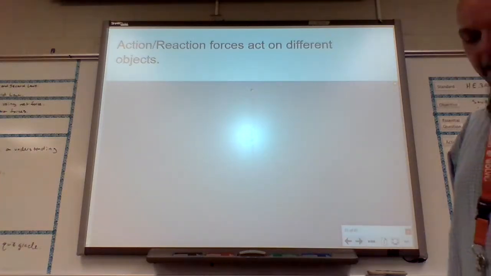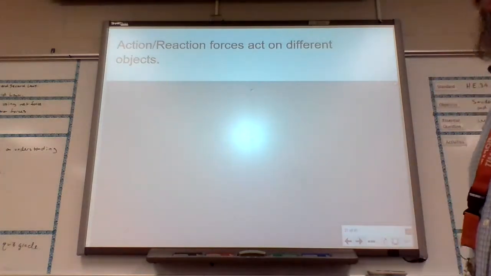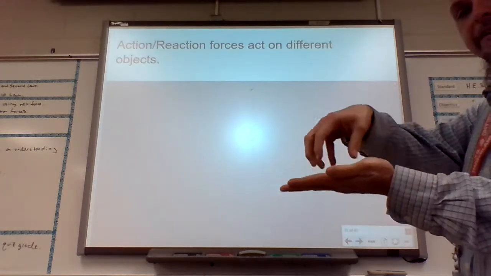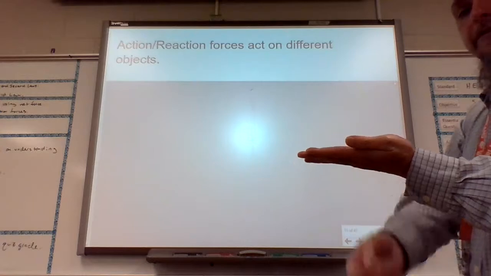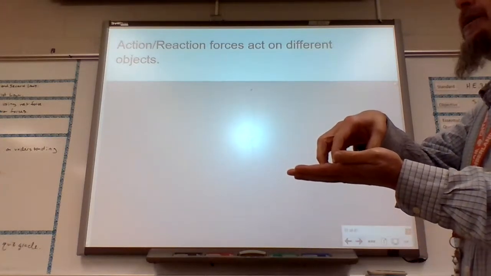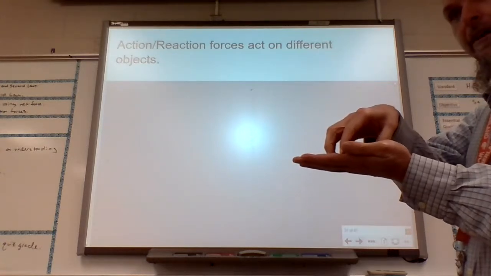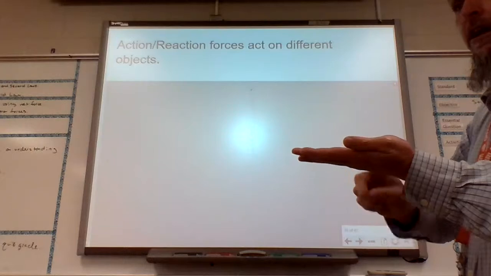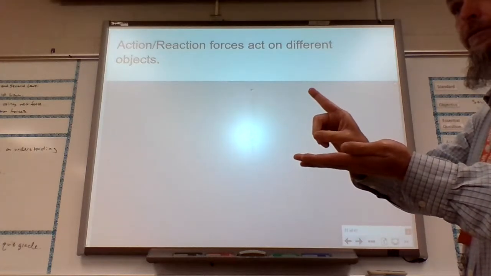Back when we were learning about balanced and unbalanced forces, we talked about gravity and normal forces. If I take an object and sit it on a surface, gravity is going to pull down on it with a force equal to its weight. So if that object has a weight of 5 newtons, gravity is pulling down on it with a force of 5 newtons. And we know the surface it's sitting on is going to push upwards with an equal force.